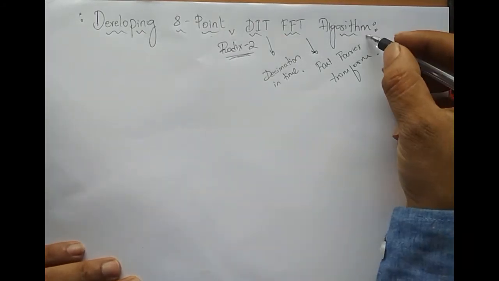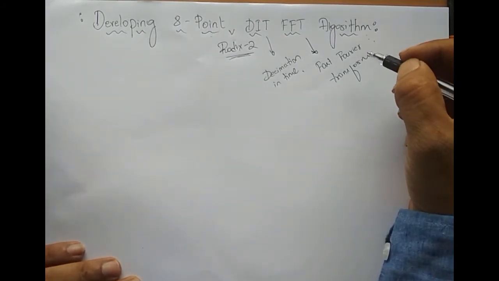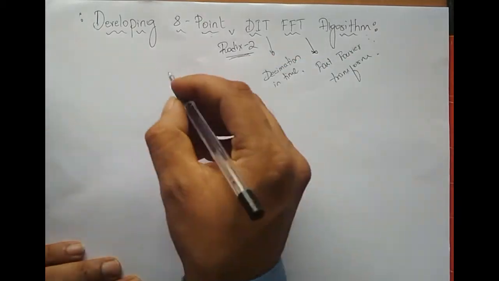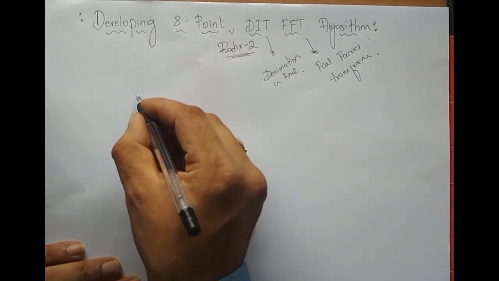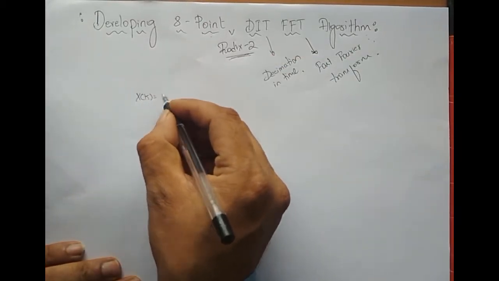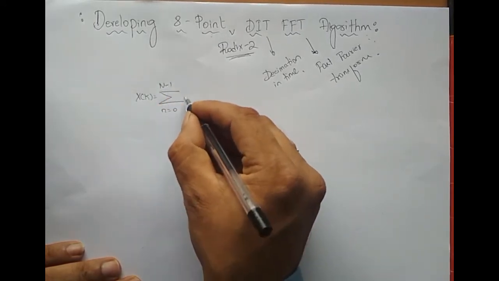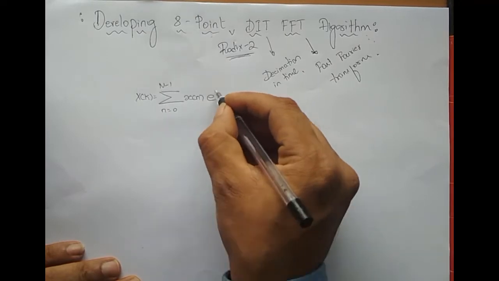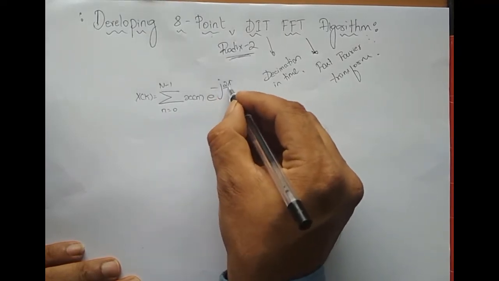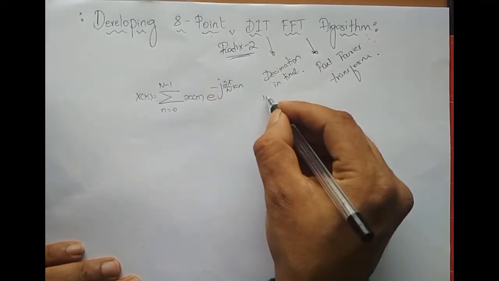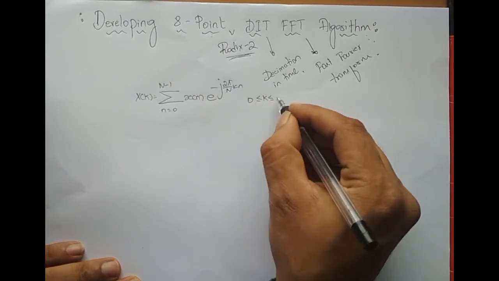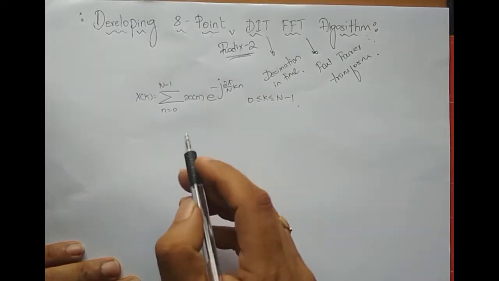And why do we need this algorithm? The thing is finding DFT using the formula. What is the formula to find DFT? It is X of k equals summation n varying from 0 to N minus 1 x of n e power minus j 2 pi by N into kn, where k is varying from 0 to N minus 1, right?